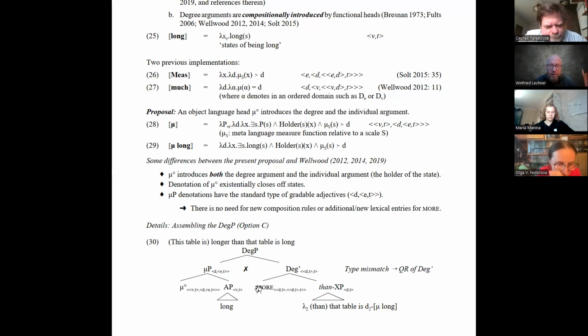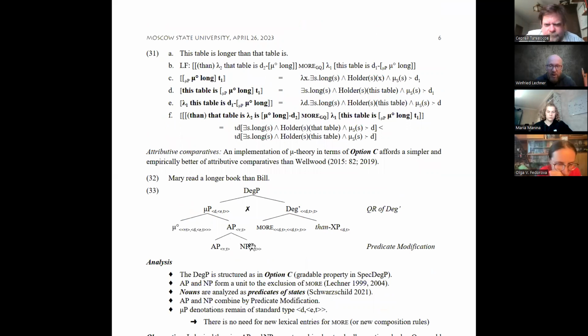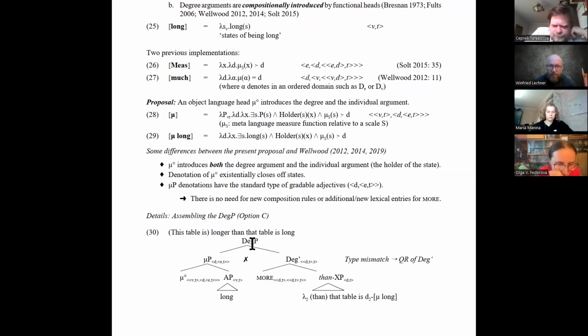In 30, I give you the basic outline here, again, for this table is longer than that table is long. The idea is that there is a mu head, and the mu head is applying to the AP.